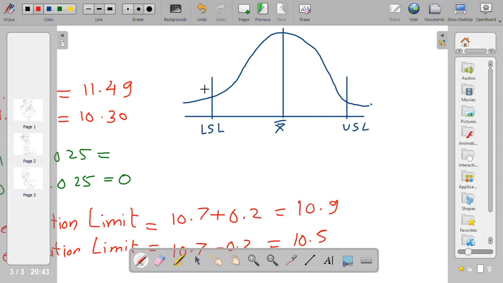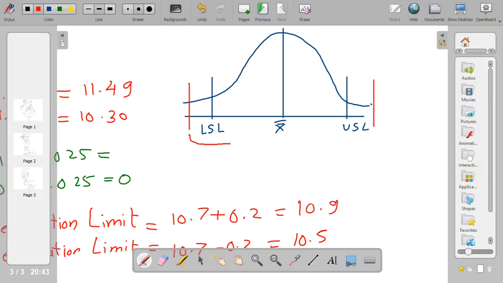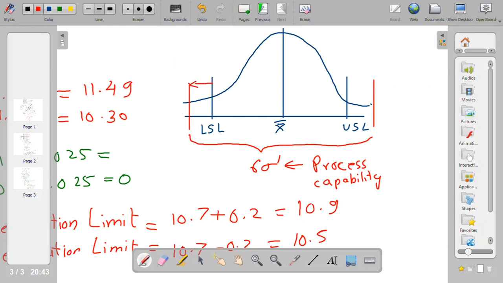Suppose your 6 sigma process capability limits fall outside the lower specification limit and upper specification limit.